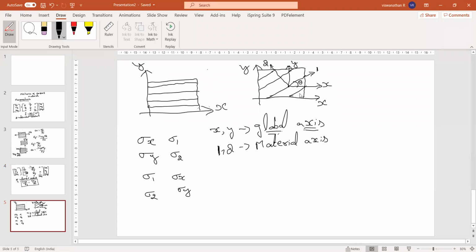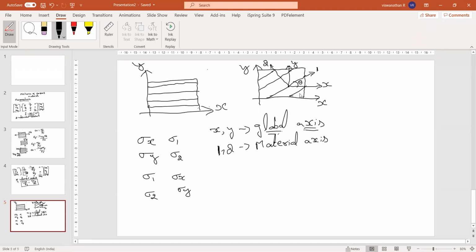So what do you do if you have to relate global axis and material axis? In mechanics of materials, what were you doing? What is the term called? It's not material axis there, but major axis. You refer it to the load applied at that particular angle.